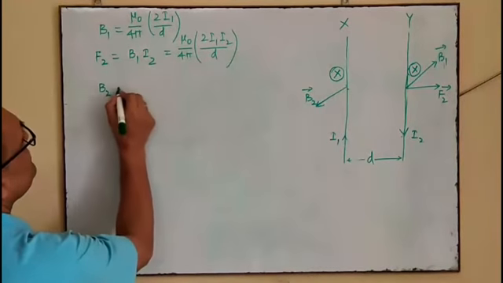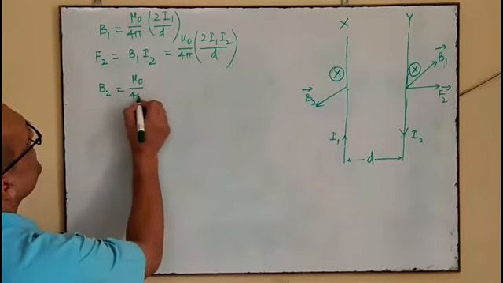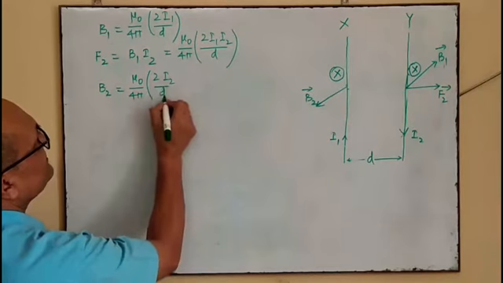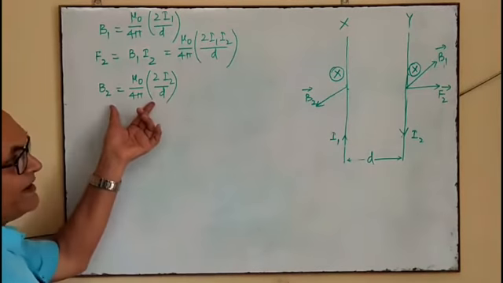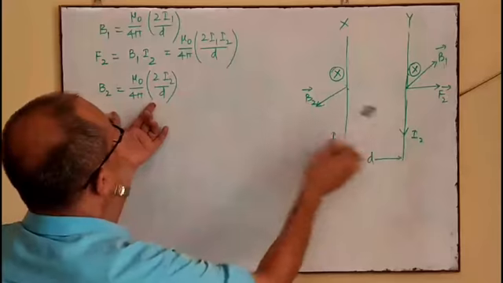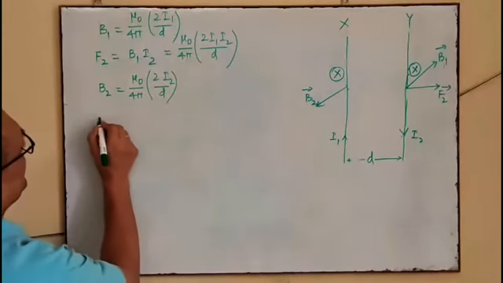The value of B2 will be equal to mu naught by 4 pi, 2 I2 by D, where this is the magnetic field due to this wire, so we have to take this current I2.